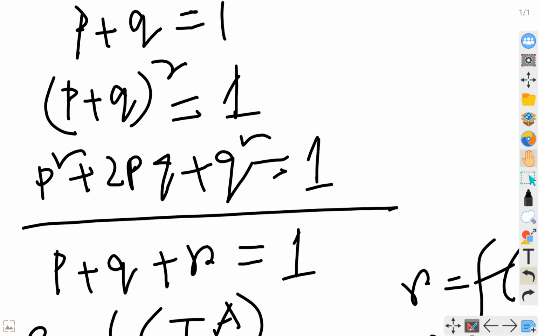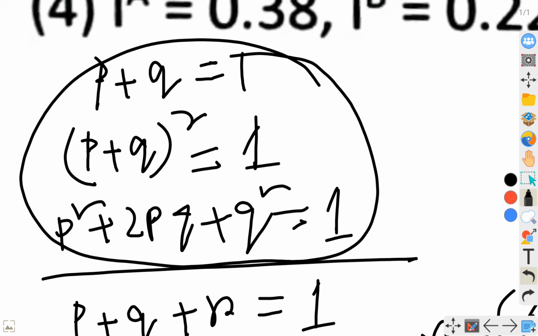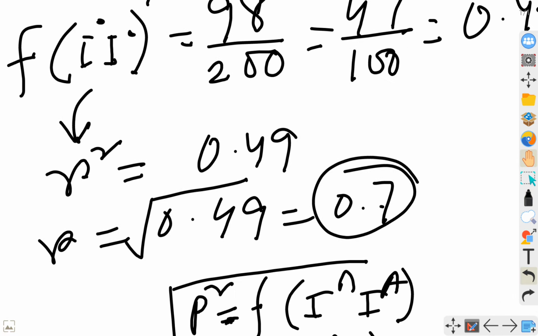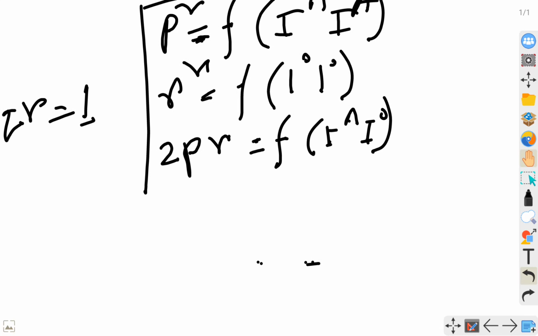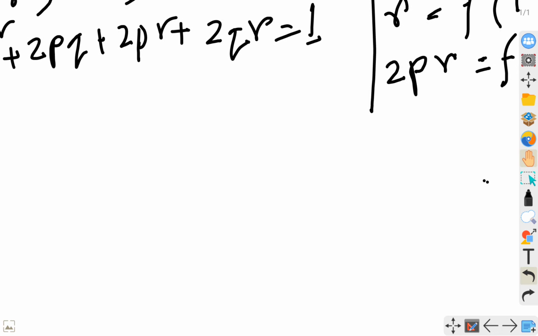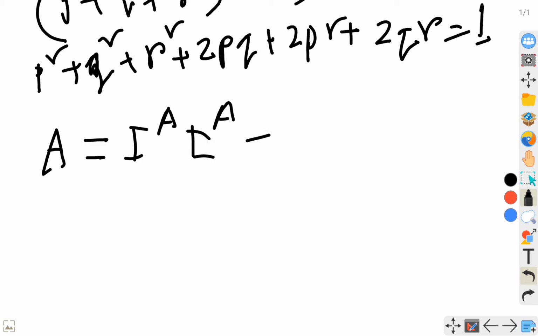This is also related to this expansion. Here P square, 2PQ and Q square. We have simply used this formula here to get the value of P square plus 2PR. Now in ABO blood group, A blood group has both the alleles IA and IO.